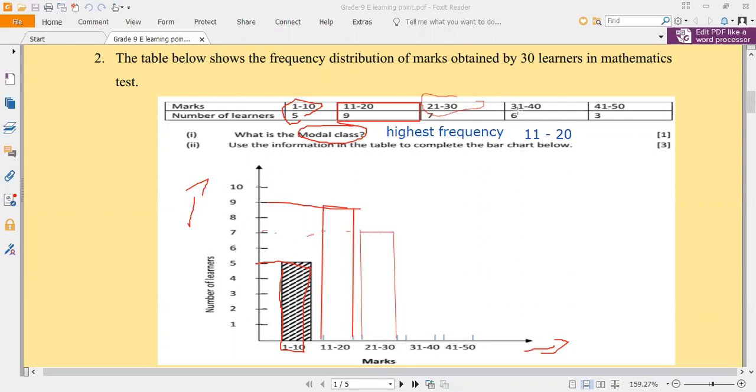Then the other one is between 31 and 40. There must be 6 of them. So up to somewhere there, corresponding to 6. Yeah. And then you have another one lifted, and these ones joined. Then the last one is between 41 and 50, which is this one.